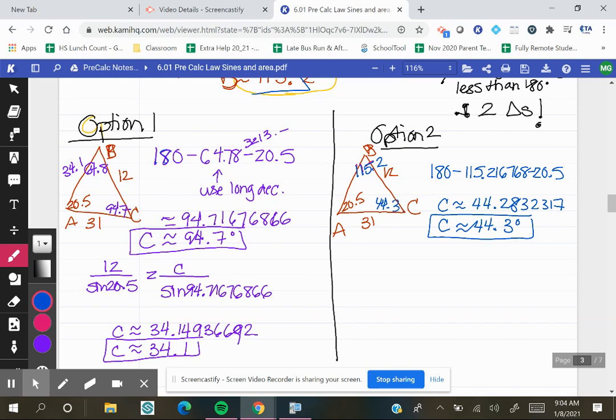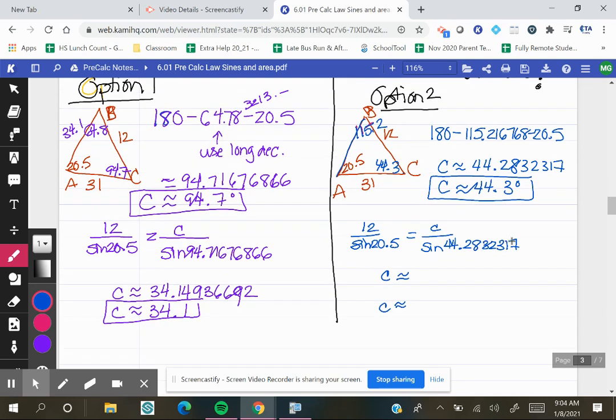We have all three angles. We just need to find the third side, which is side C. So again, you're going to do your law of sines. So 12 over sine 20.5 equals your side C over sine of your full angle, cross multiply, write out your long decimal, and then round it to the nearest tenth.